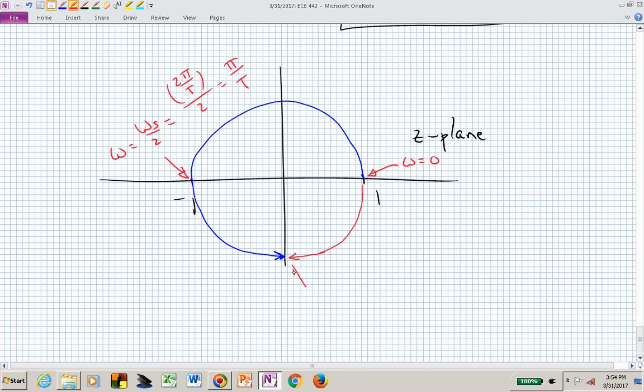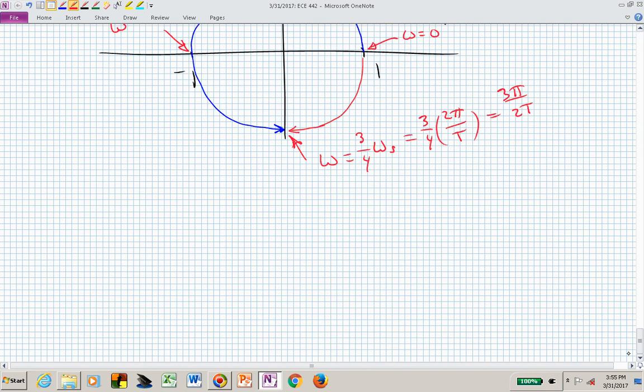So that this frequency right here is going to be omega equal to 3/4 omega sub s, but that's now 3/4 of 2 pi over capital T, or that's now 3 pi over 2T, but that now appears as if it is just going to be a flipped version of this particular frequency, or that location, which is now halfway between DC and pi over T, or this is now pi over 2T.